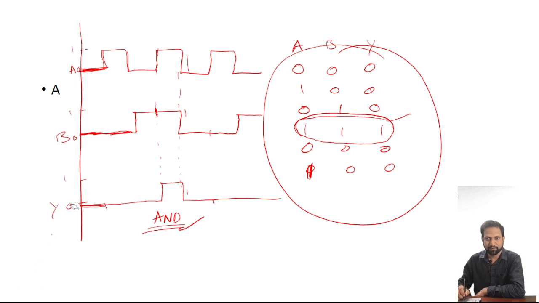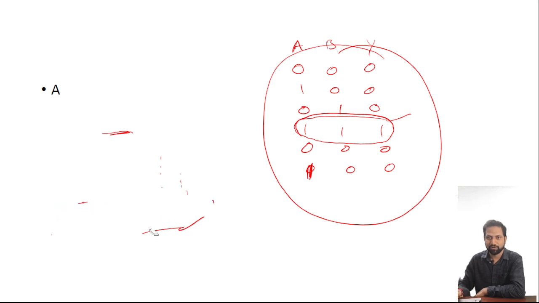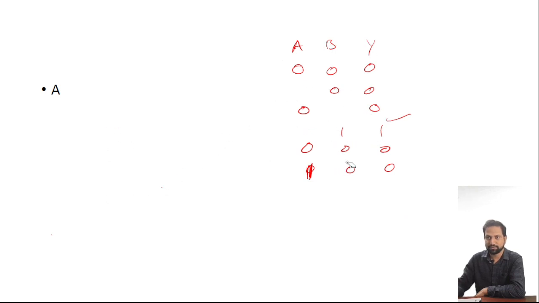Let us have one more example based on this. They will give you the waveforms, but instead of giving the output, they will give you the logic gate, and they will ask you for the output waveform. That's very simple.